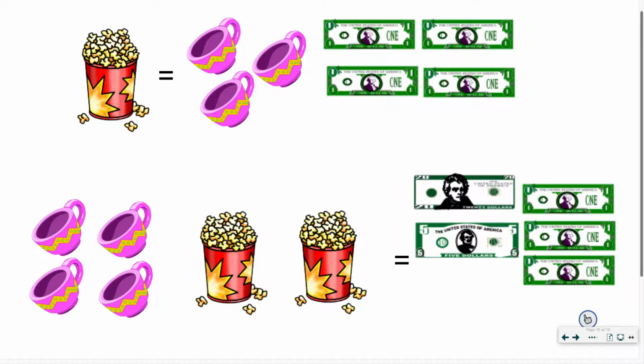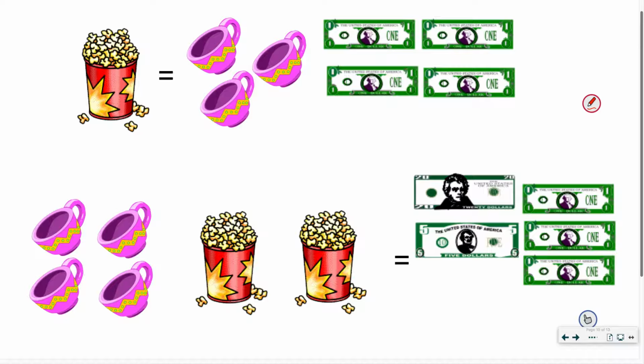If we're trying to find the cost of the popcorn. So what is the issue in the beginning?